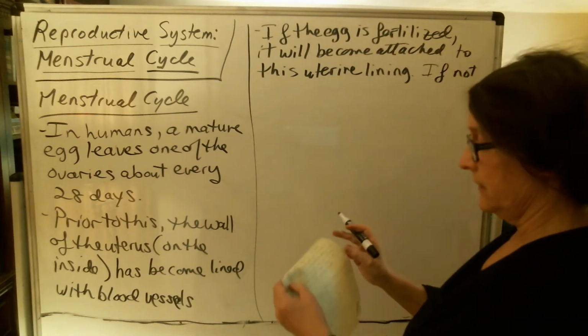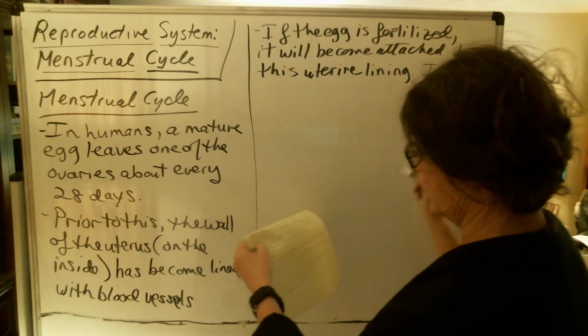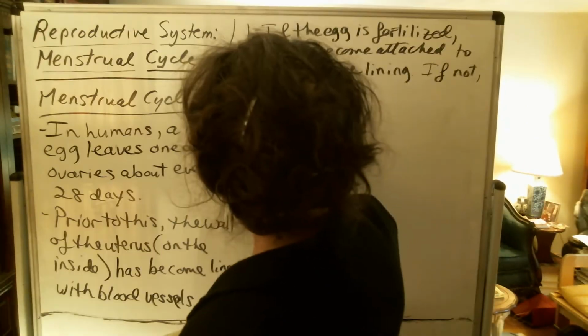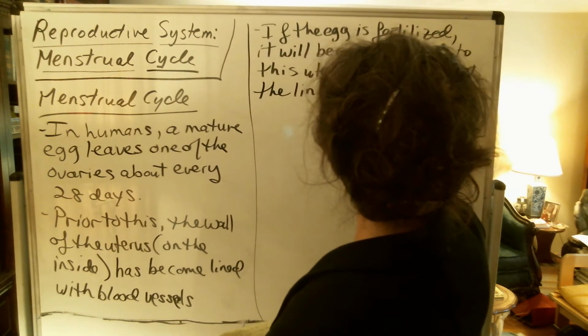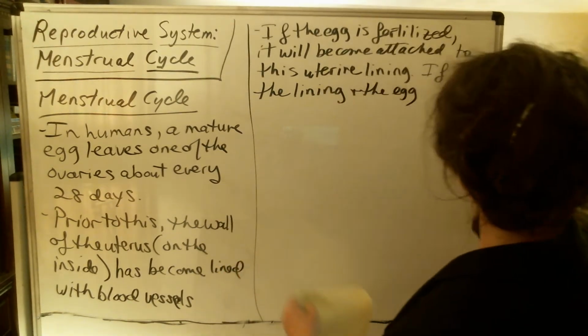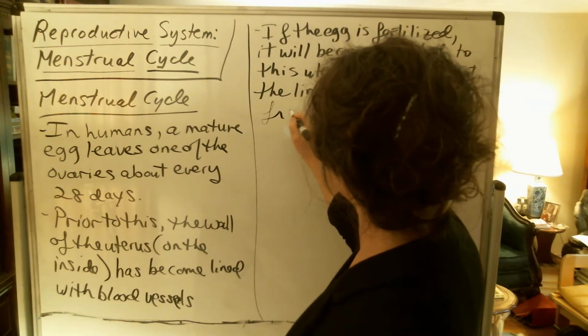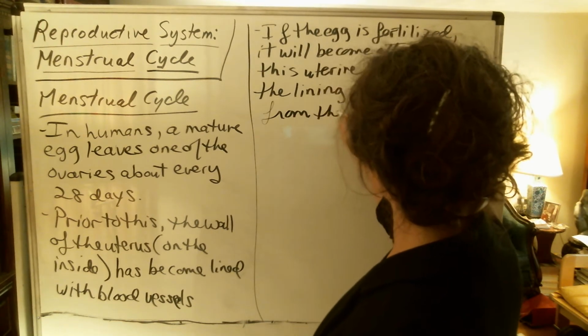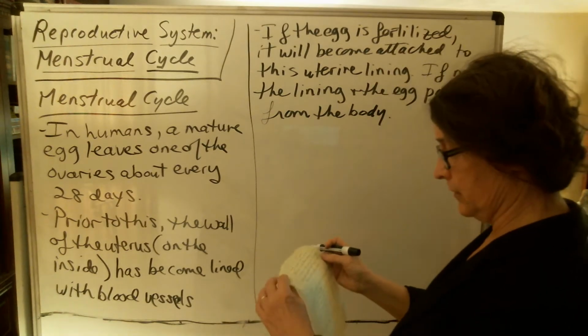If not, if it does not wind up implanting, or if it is not fertilized, then the lining and the egg pass from the body. That's the process of menstruation.